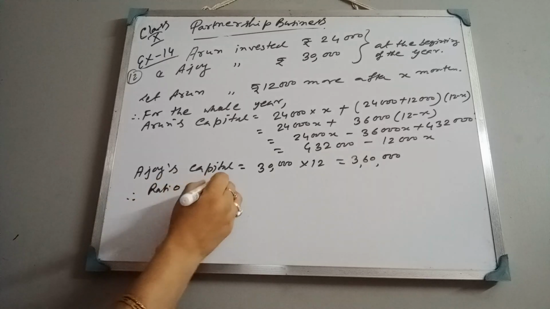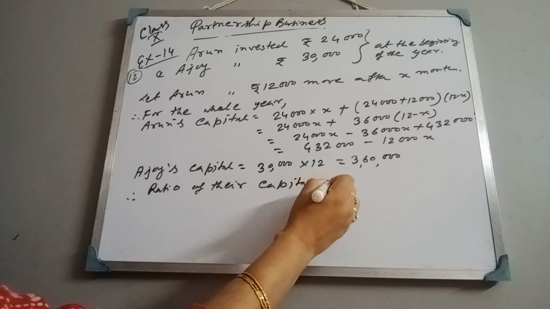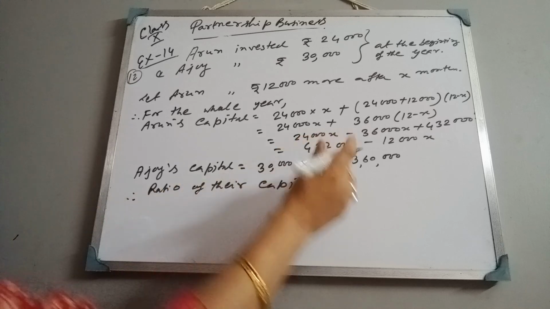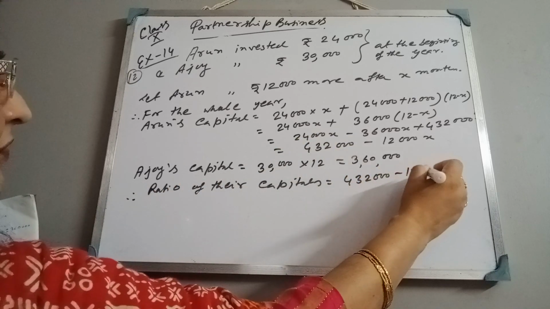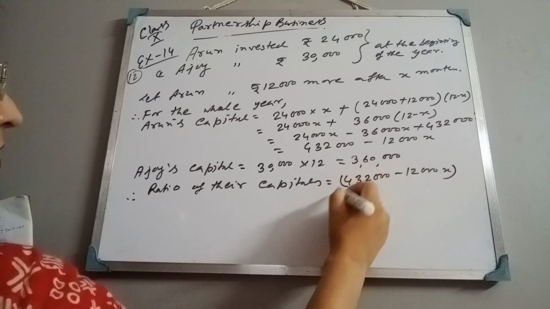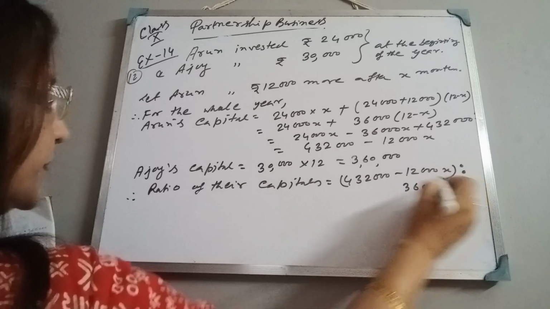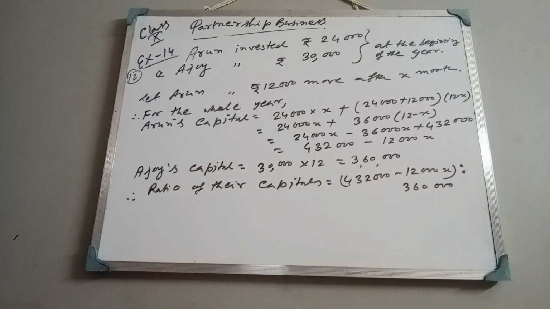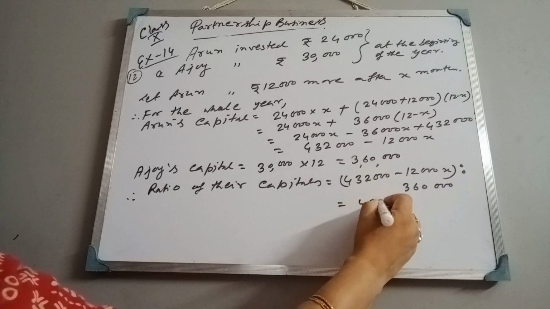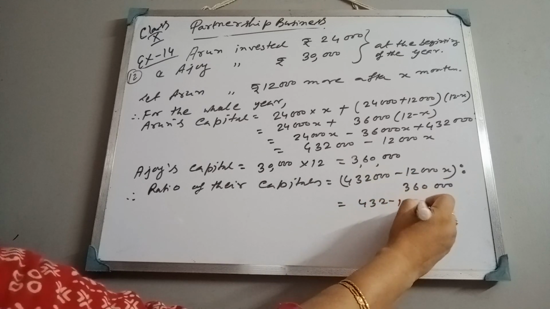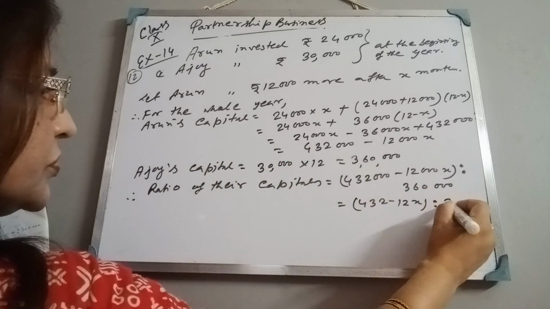Therefore ratio of their capitals is 432,000 minus 12,000 X is to 360,000. So this 1,000 will be cancelled and we get 432 minus 12x is to 360.